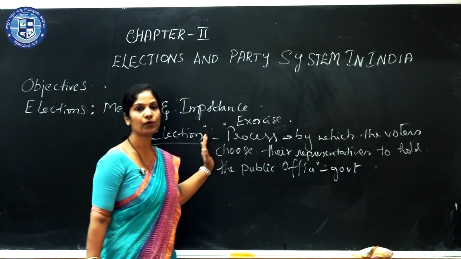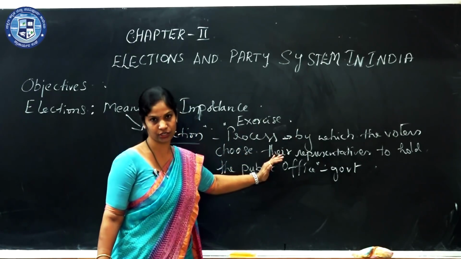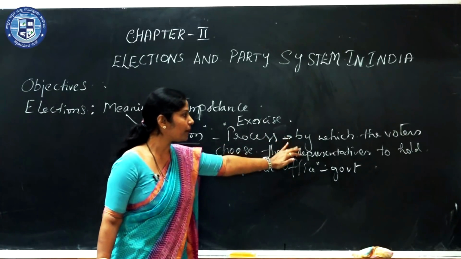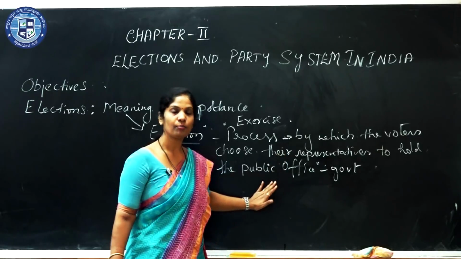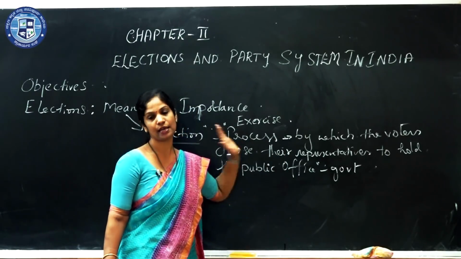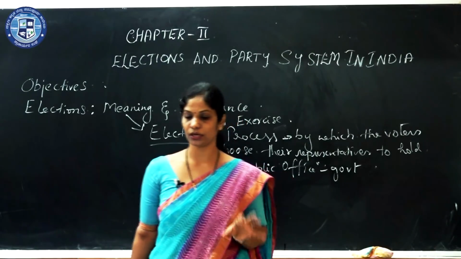So I hope you have understood the meaning of the election. It is an exercise by which the voters choose their representatives to hold the public office. This is the meaning of the election, which is very important in this particular concept.